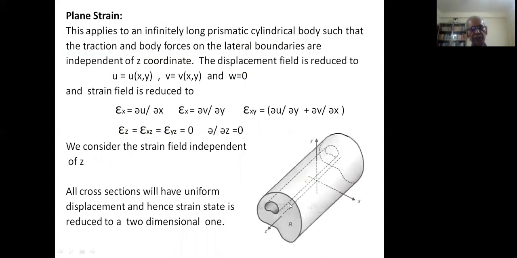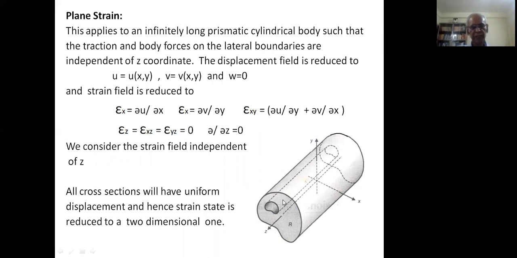Now, plane strain again is an assumption where we assume that the displacement field is reduced to u and v only. u as a function of x and y, v as a function of x and y, because it's a planar problem, and w is 0.